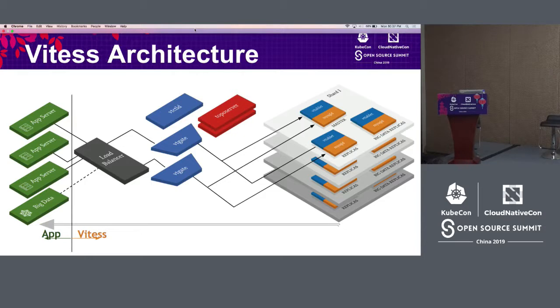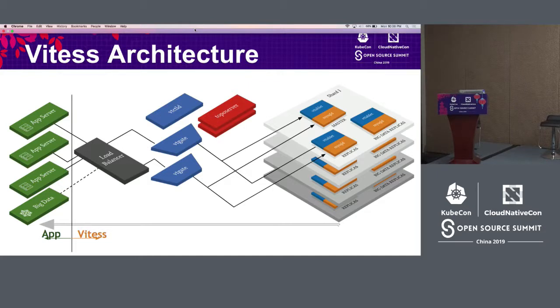So everything to the left-hand side of that vertical line is the application, which is talking to everything on the right-hand side using the MySQL binary protocol. Everything to the right-hand side is Vitess, except the load balancer. You are running your own load balancer, but vtgate onwards is all Vitess.